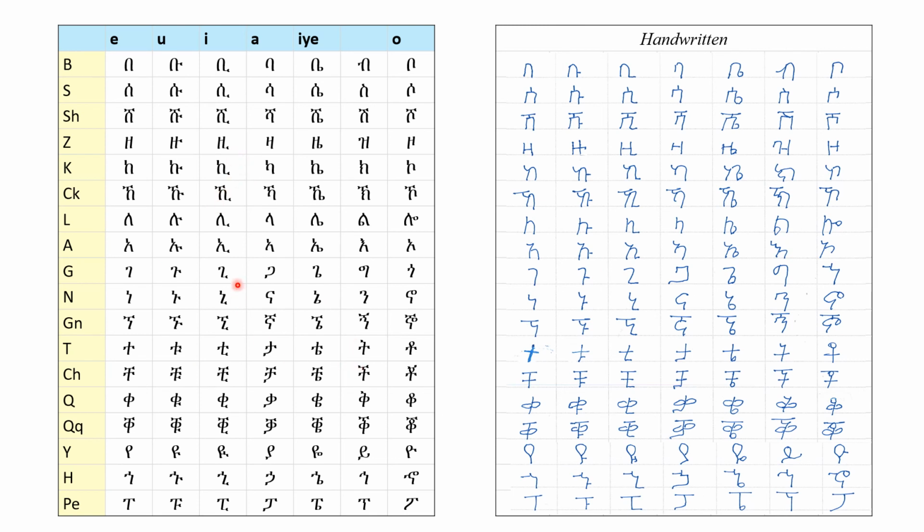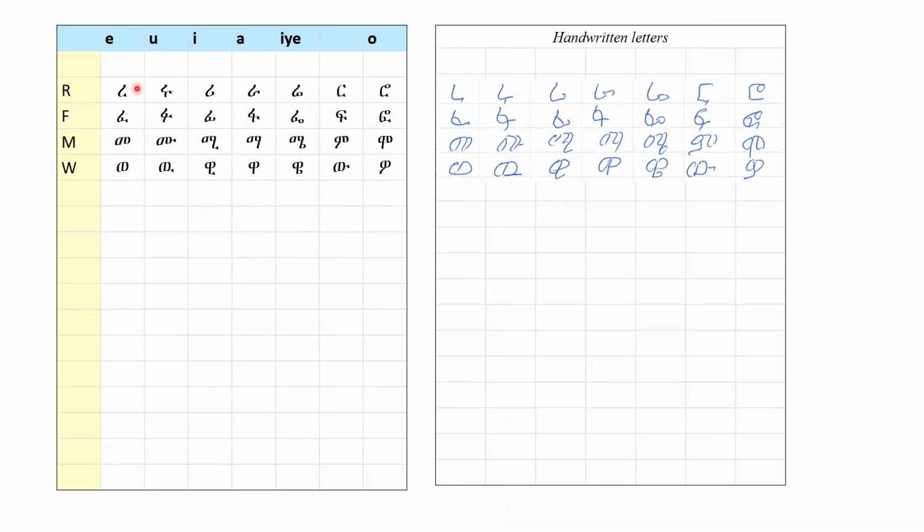Until this point we have learned the letters B, Se, She, Ze, Ke, He, Le, A, Ge, Ne, Nye, Te, Che, Ke, He, Ye, Ha, Pe, Re, Fe, Me, We. And those are the handwritten letters.